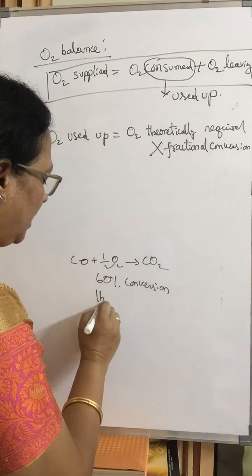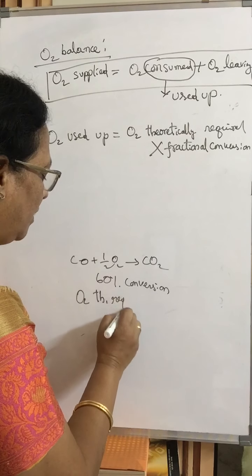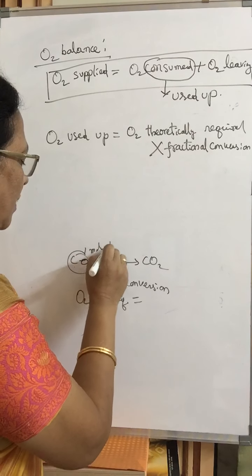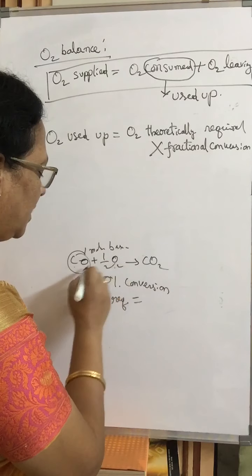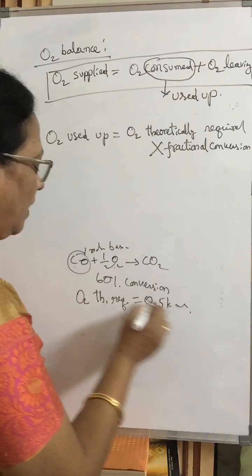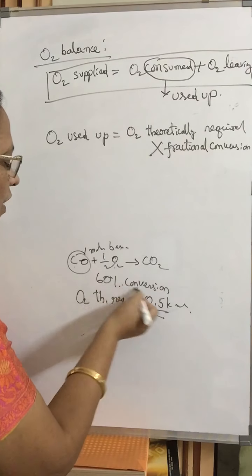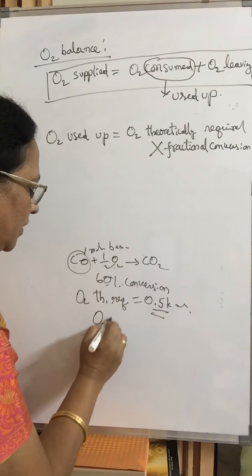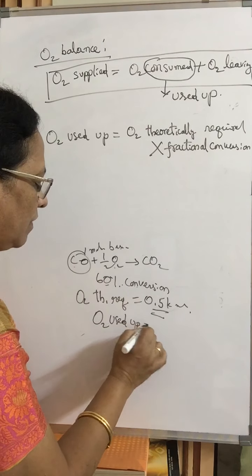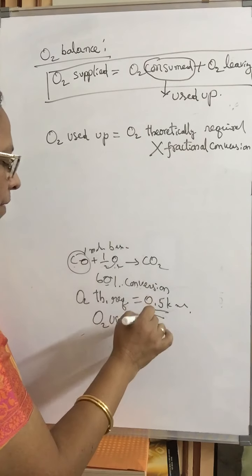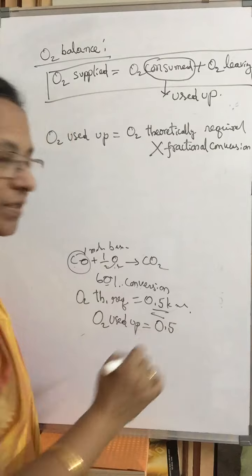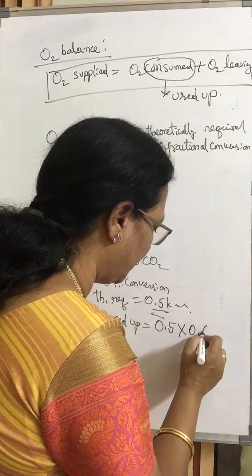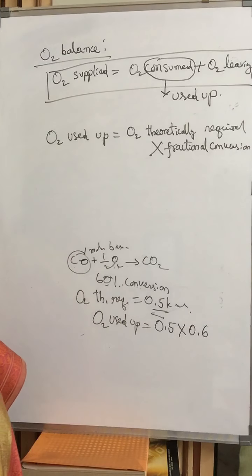Now, how much oxygen is theoretically required for a 1 mole basis? Oxygen theoretically required is 0.5 kilomoles. But all the 0.5 will not be used up because conversion is only 60%. So how much oxygen is used up? Actually 0.5 moles are required, but conversion is only 60%, that is 60 by 100, 0.6.